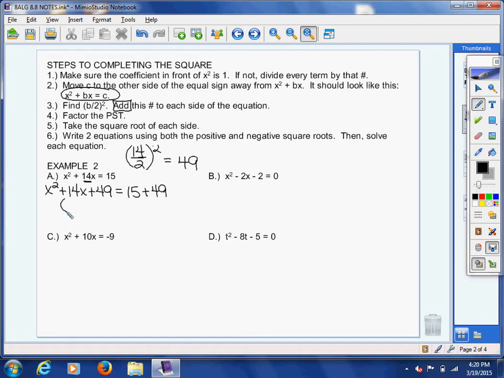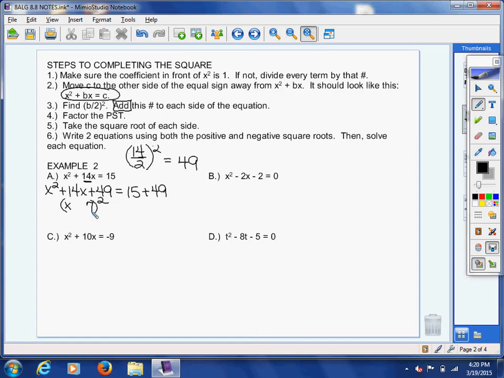And so we can factor that perfect square trinomial. Remember, when you factor perfect square trinomials, it's real simple. X squared. Well, in each quantity, I'm going to have an x because x times x is x squared. And then the 49. What number times itself is 49? 7.